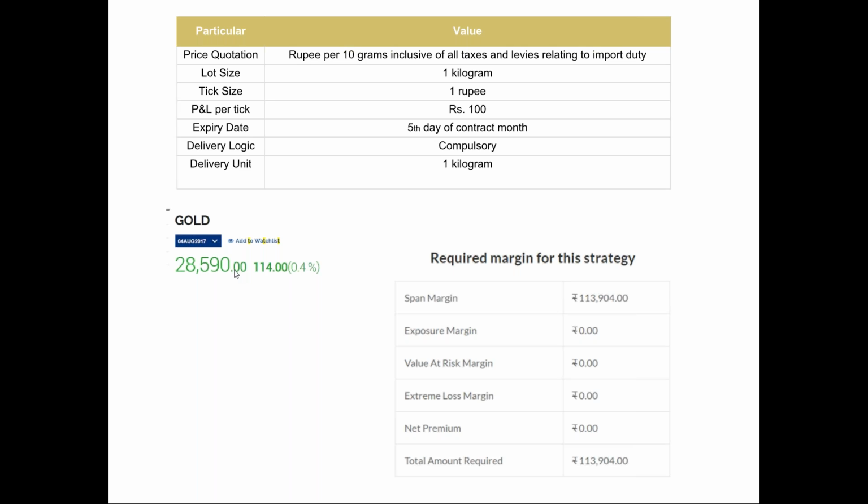Essentially, this price is the number of rupees per 10 grams, okay? That includes all taxes. What that basically means is, if it goes up 1 rupee, that's 1 rupee per 10 grams. Now, because you have to buy in terms of 1 kilogram, essentially 1 tick is going to be 100 rupees.